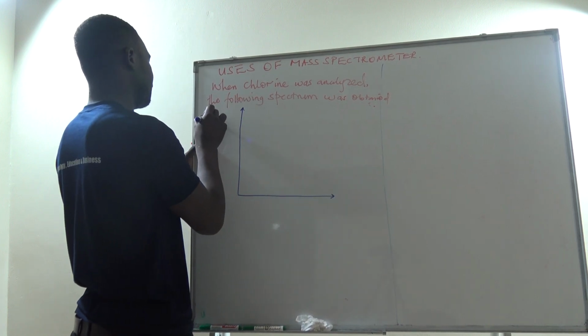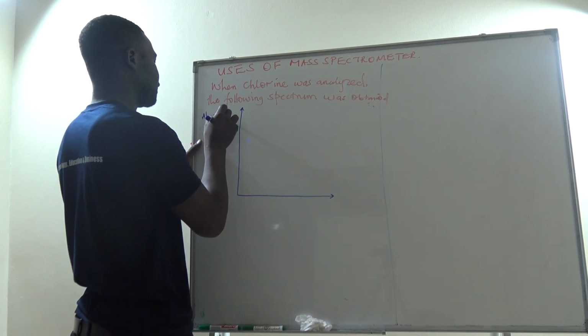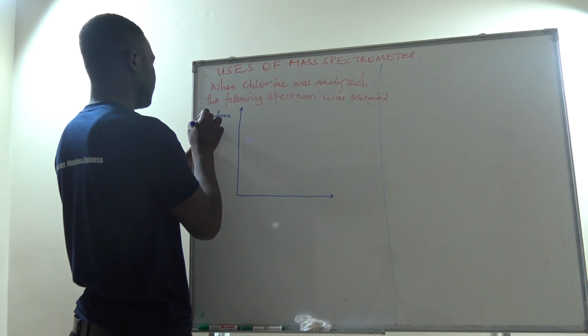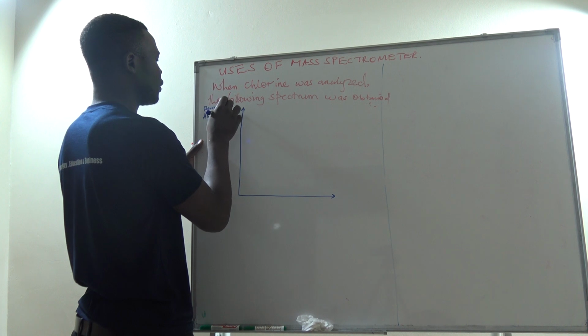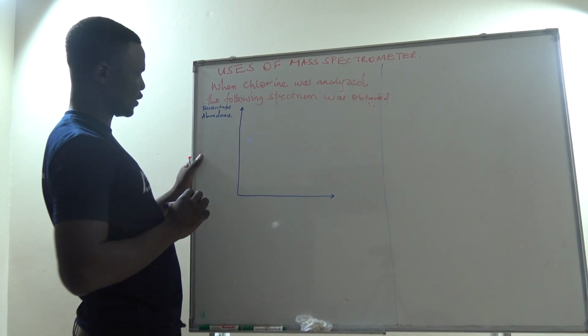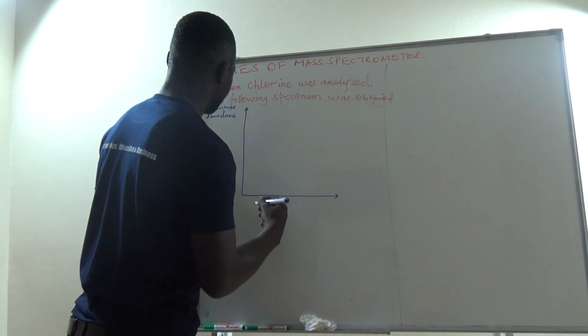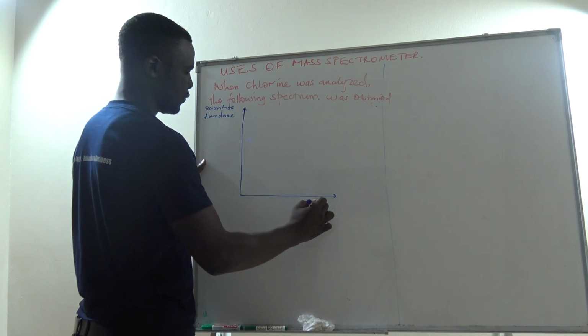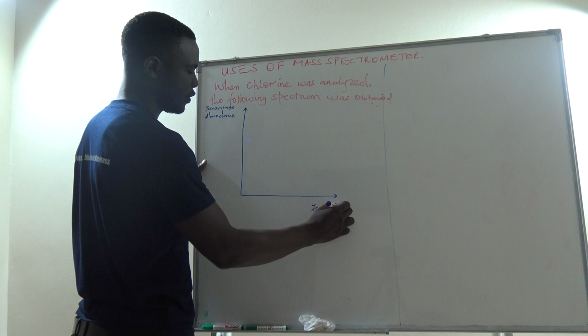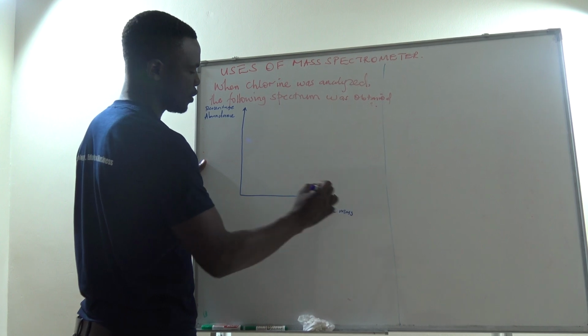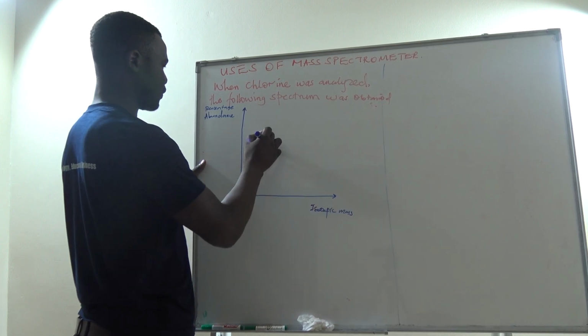We say on the spectrum it is a plot of percentage abundance, it can be relative intensity, against isotopic mass.